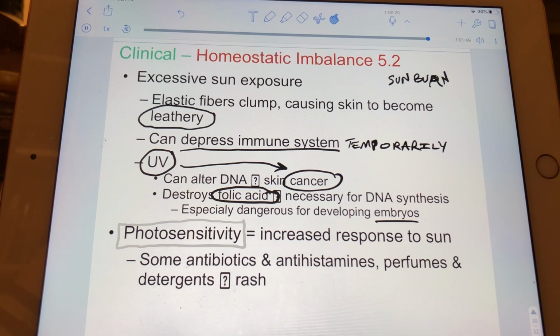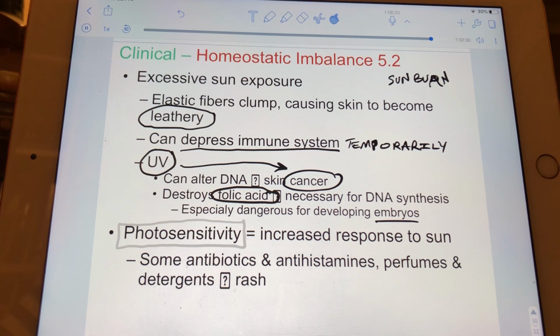Also, excessive sun exposure can increase our skin's sensitivity to, for instance, products or medications that would otherwise not harm us. So, for instance, we might develop a rash in response to our laundry detergent following excessive sun exposure, whereas had we not exposed ourselves to that excess sunlight, then laundry detergent would have no significant impact on our skin, okay?